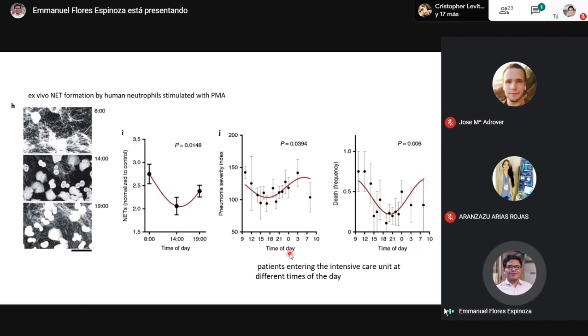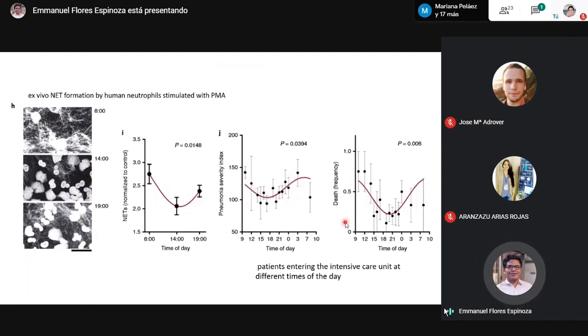So we can see that when they were admitted to this unit at night, they have a more severe pneumonia index than when they were admitted during the daytime. So there is an effect on death.